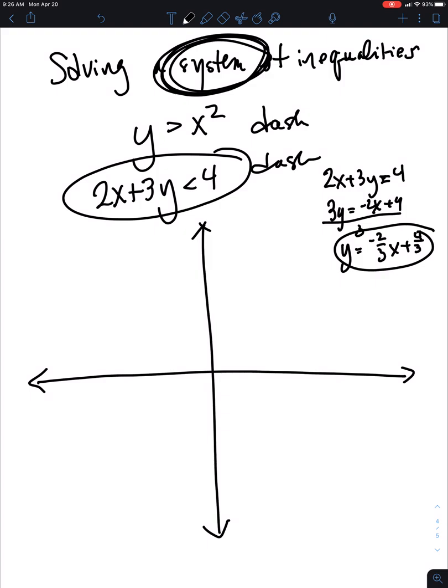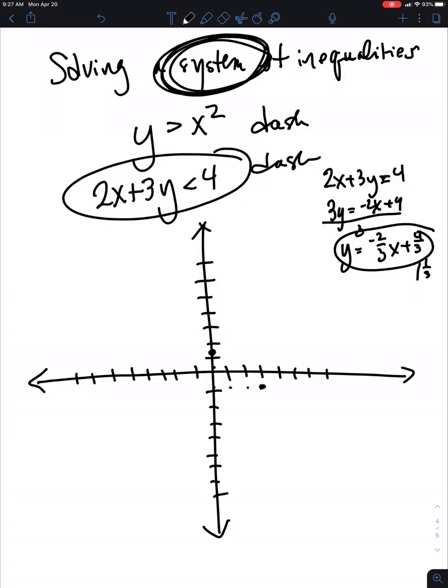So 4 over 3 is 1 1/3. You know what? I'm going to make my tick marks first. Okay, so 1 1/3. So, about yay. And then I'm going to go down 2 over 3. So down 2, 1, 2, 1, 2, 3.